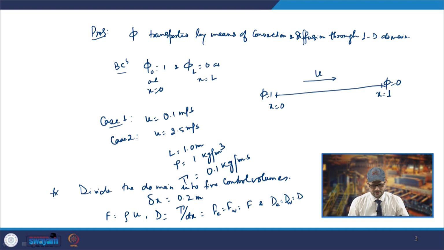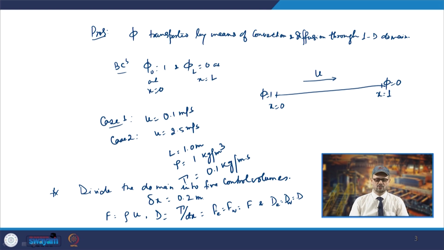When we use the central differencing scheme, we know that you get one expression for phi P in terms of phi W and phi E, and also the source term comes into the picture.